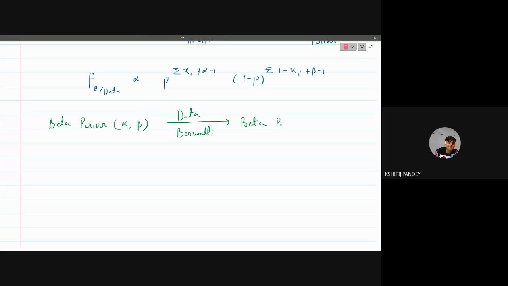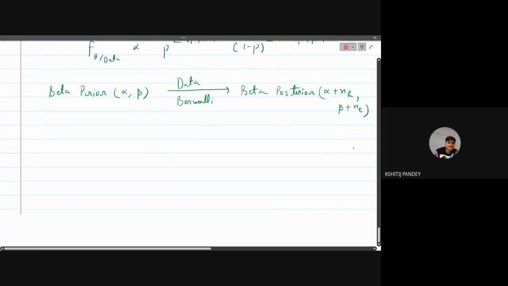So it is beta posterior, and the parameters here will be alpha plus nh, beta plus nt. Yes. So this is one important takeaway from here.